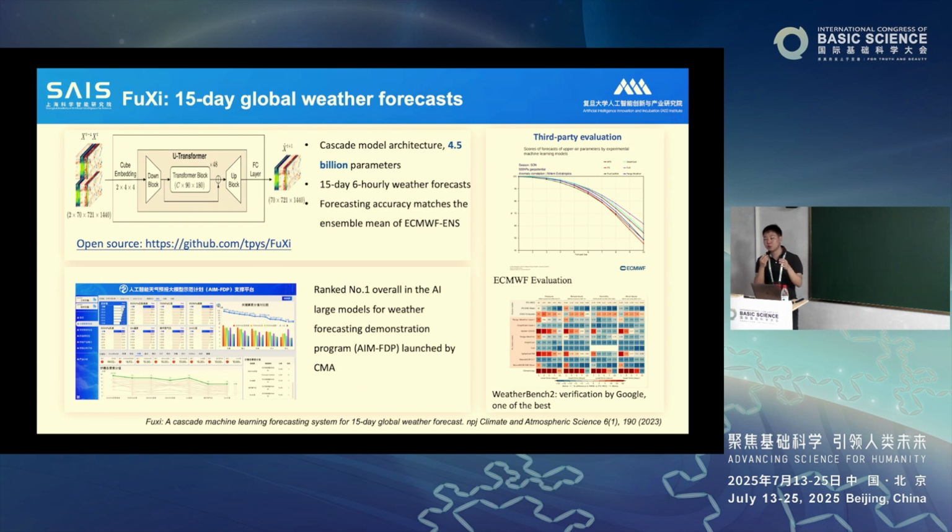FuXi 2.0 I can say is the best model for deterministic forecasting, but not for ensemble forecasting. For ensemble forecasting we have FuXi ES. So they have different purposes. And for sub-seasonal forecasting we have FuXi S2S, which was also published last year in Nature Communications. Okay, thank you.